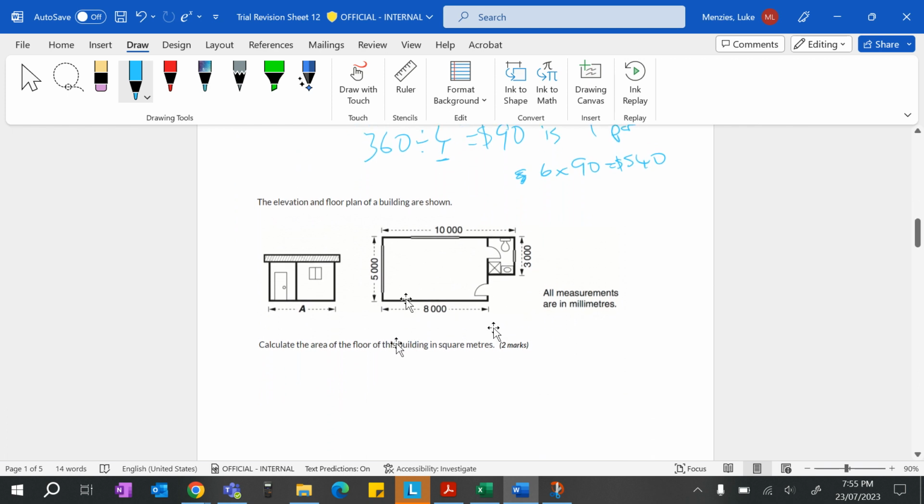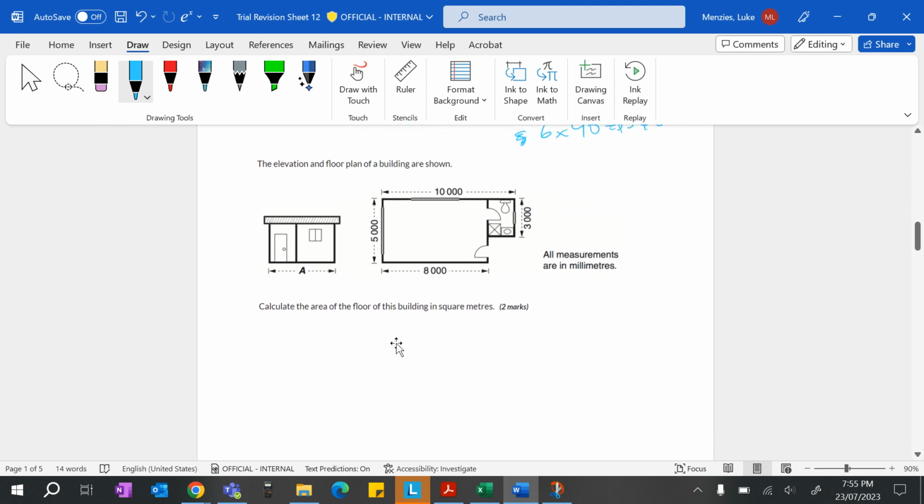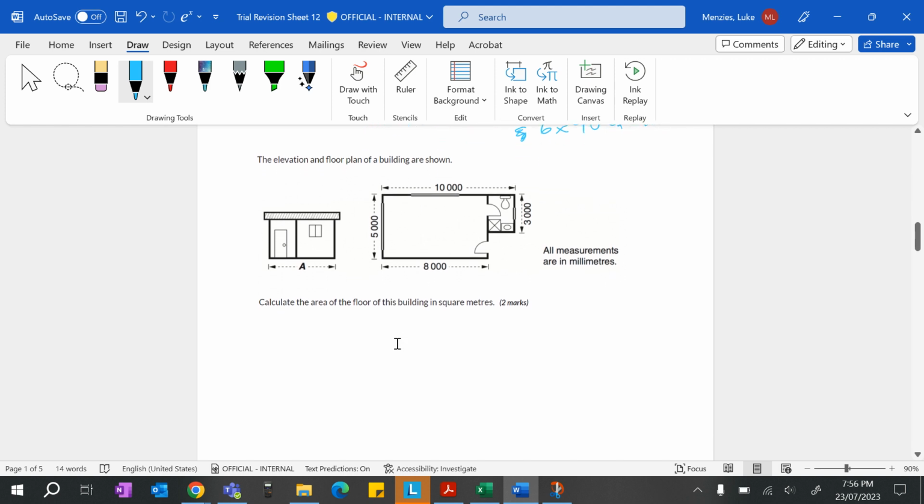Okay, the elevation: calculate the floor area. So going back to some work we did in year 11, in the markers' comments, they mentioned that because you're asked for the area of the floor in square meters, the best thing you can do is convert all of them into meters at the start. Let's do the top one, 10,000.